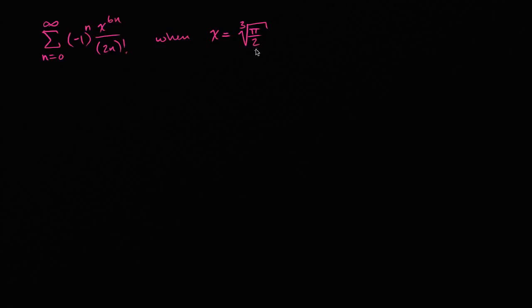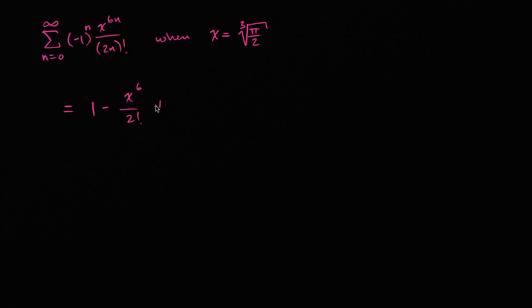So I'm assuming you have tried, so let's try to work through this together. In any of these types of problems, I like to at least expand out this power series so I get a better sense of what it's like. If I were to expand it out, when n is 0, this is 1. When n is 1, it's negative 1 times x to the 6th over 2 factorial.